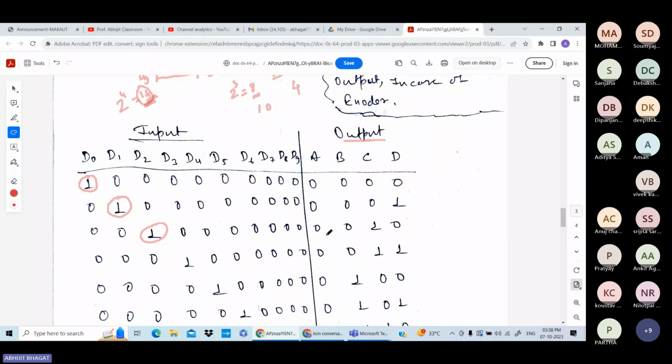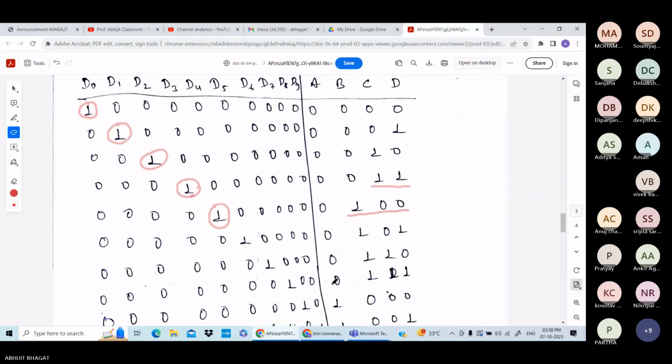For D3, 0, 0, 1, 1. For D4, 0, 1, 0, 0. D5, next combination is 0, 1, 0, 1. For D6, 0, 1, 1, 0.